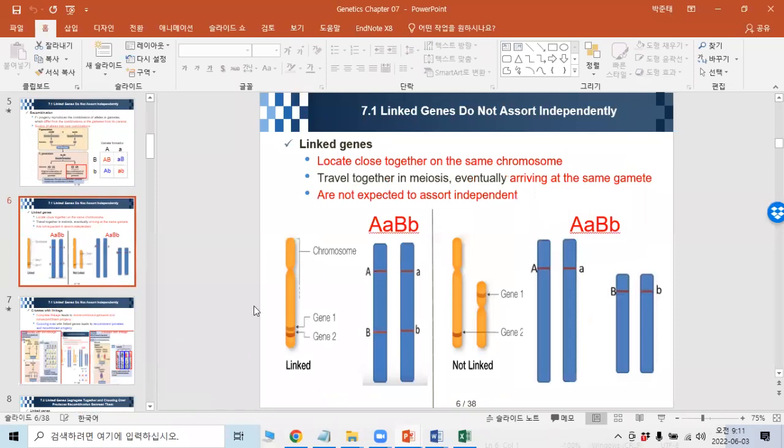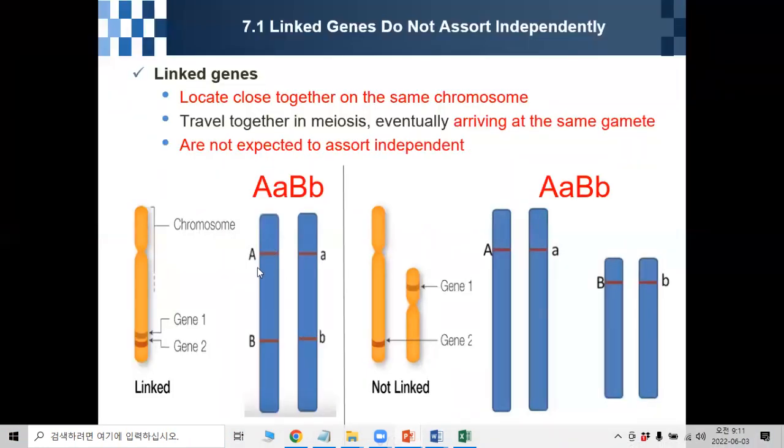This is the linked gene. For example, large A and large B are located on the same chromosome. In this case, we call it a linked gene: genes located close together on the same chromosome.